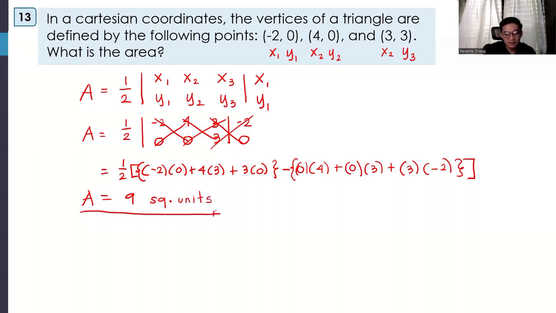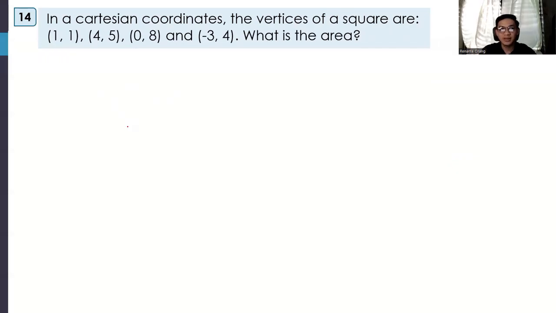Final answer. Number 14, in a Cartesian coordinates, the vertices of a square are 1, 1, 4, 5, 0, 8, and -3, 4. What is the area? So, ang gagamitin natin dito, class, na formula is medyo the same lang kanina. That is 1/2, then x sub 1, x sub 2, x sub 3, x sub 4.